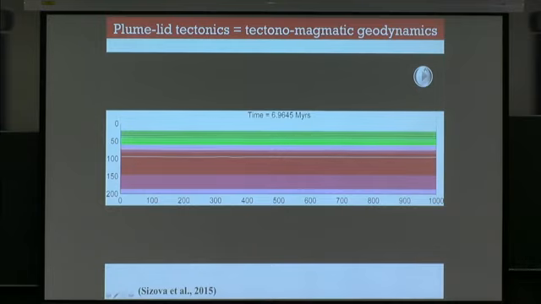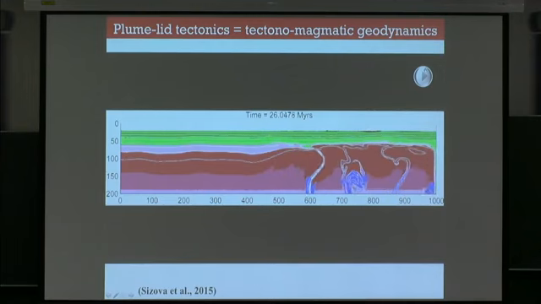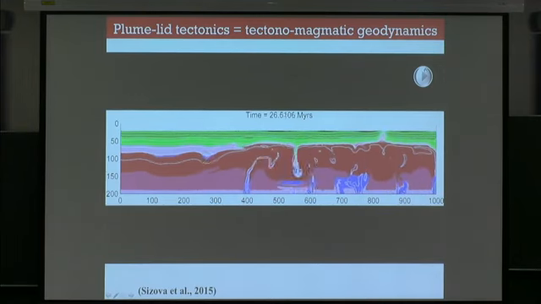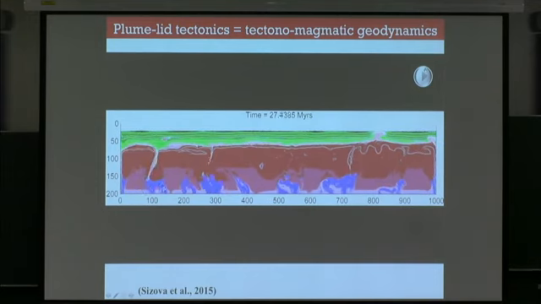Yes, exactly. So it's just to show you what type of development will be characteristic if we have melts traveling here and there, depositing material in the bottom of the crust, and then also leaving some volcanic crust on the top. So we are starting from very uniform mafic crust.